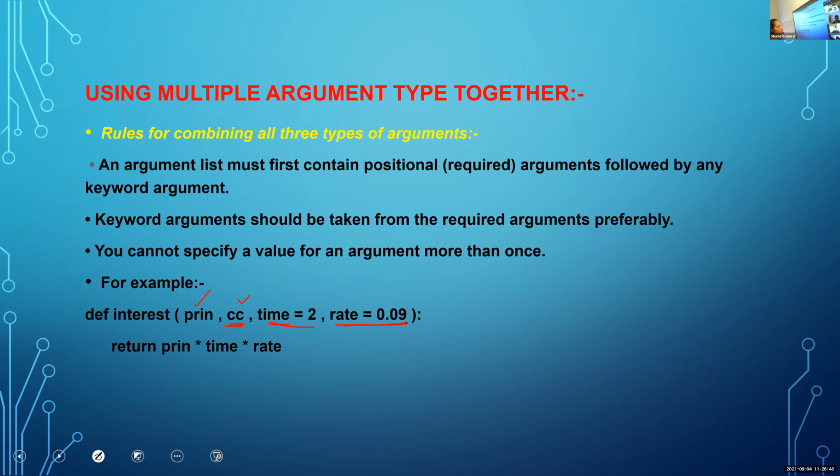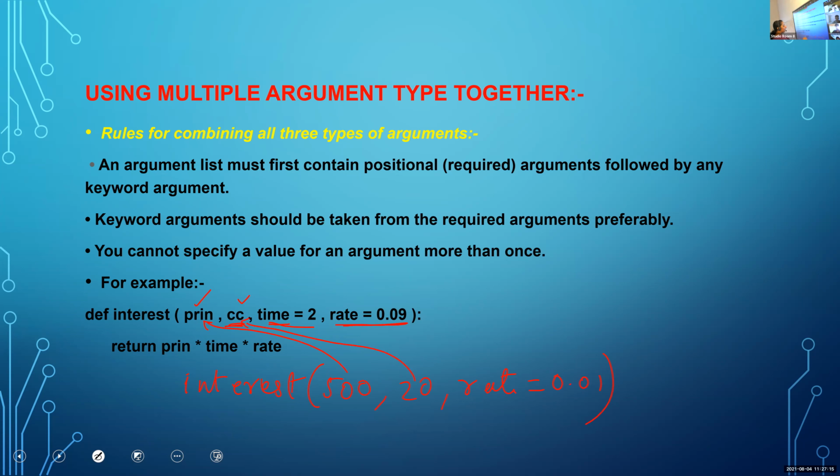Okay. In the function call statement, it is interest(500, 20, rate=0.01). That is the function call statement. Here the first value is assigned for principal amount. Second value is assigned for CC.